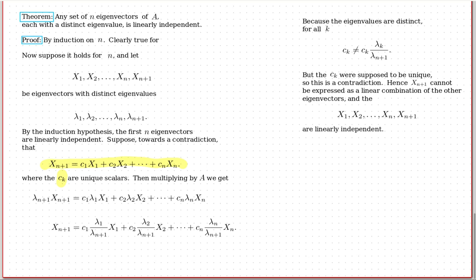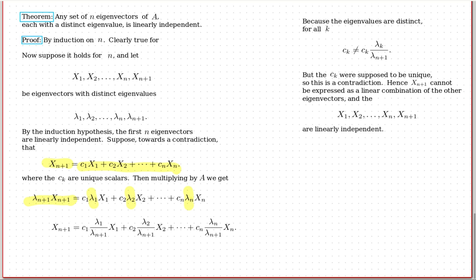Then if we multiply both sides of this equation by A, on the left side we pick up a factor of lambda(n+1). On the right side, each term picks up a factor of lambda k, in other words, lambda 1 in the first term and lambda 2 in the second term, and so on.